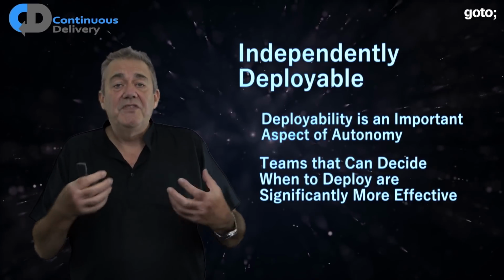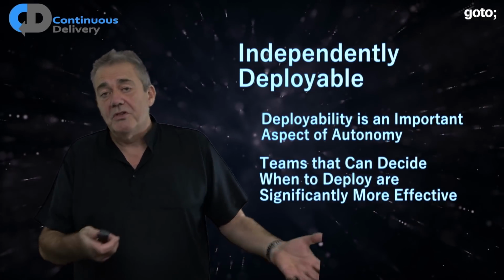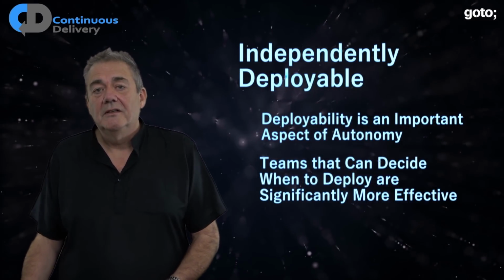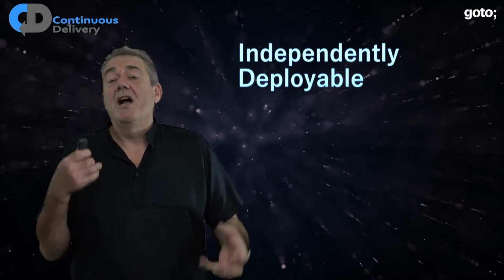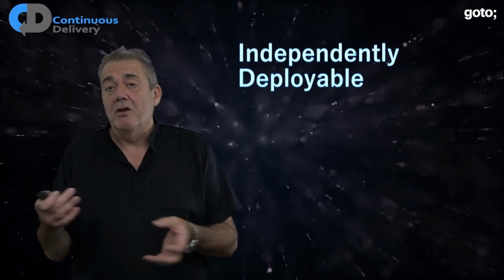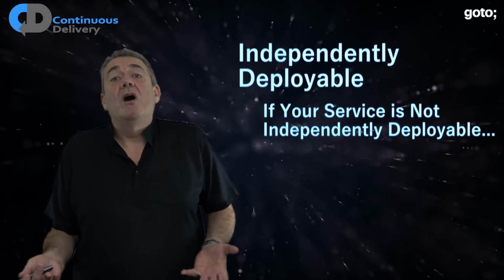It means that we are developmentally less coupled to the rest of the organization. That's really what independently deployable means. If I need to care about dependencies on other services before I release my change into production, my software is not really independently deployable anymore.